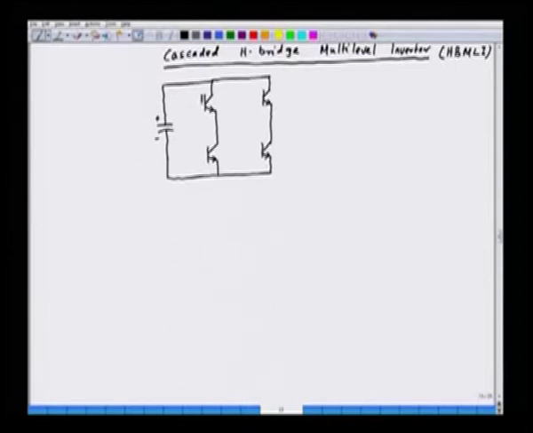They are all IGBTs. We have the anti-parallel diodes, the feedback diodes here, and this is VDC. The DC voltage here is VDC. Similarly, we have a second inverter also having the same DC voltage VDC, and this is again one H-bridge inverter.